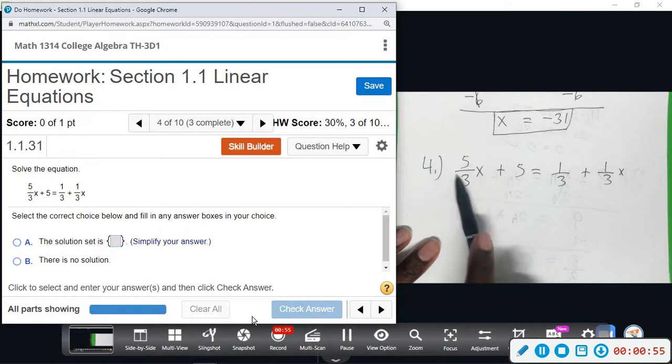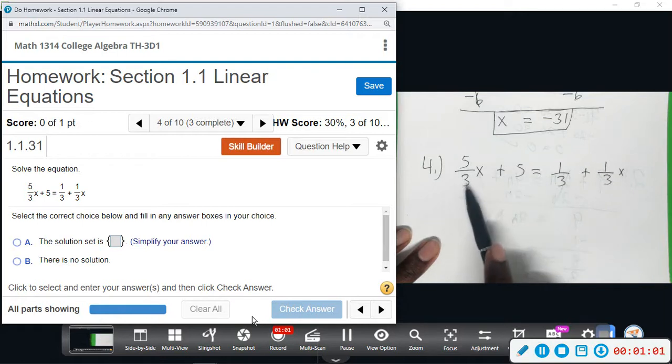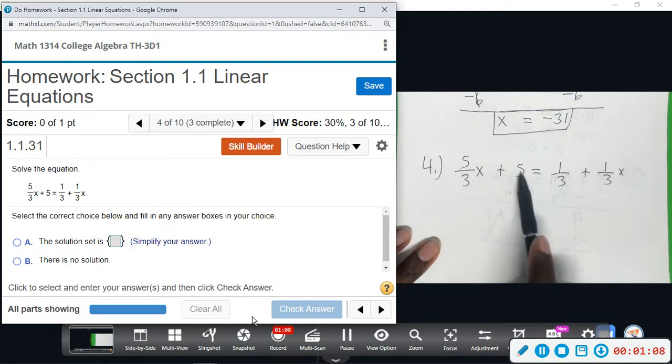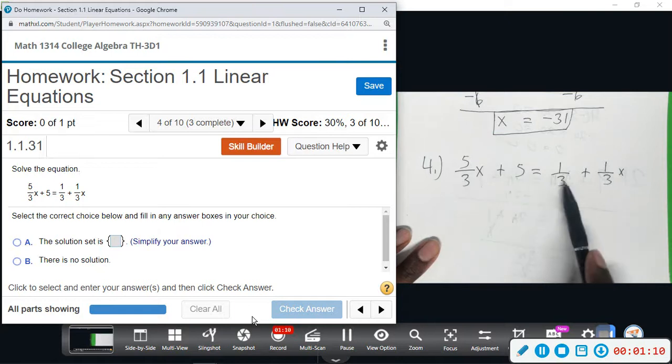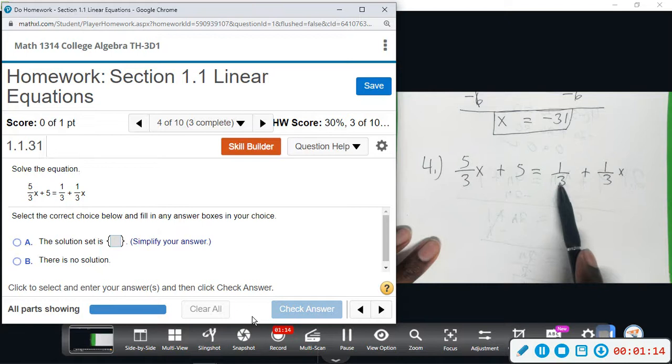And anytime you have equality, you can undo this by doing the opposite. So instead of dividing by 3, we're going to multiply by 3. And since it's the same number, all throughout the problem the only number on the bottom is 3. We're going to multiply both sides by 3, and that will help us get rid of the fraction.